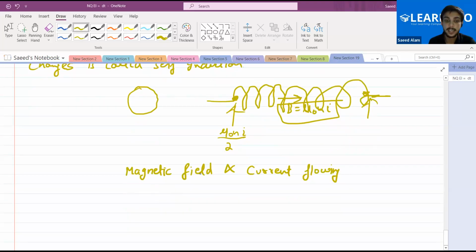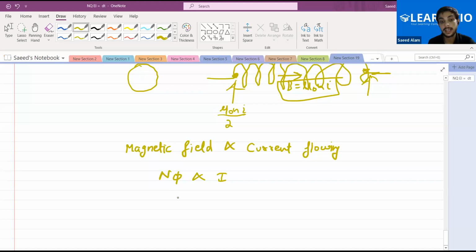Okay, if it is there, do you agree the flux will be N times phi? If the flux through one loop is phi, then the flux through the N loops will be N times phi, directly proportional to the current flowing. Let us assume that the current is I. If I remove this proportionality sign, I'll place a constant over here.